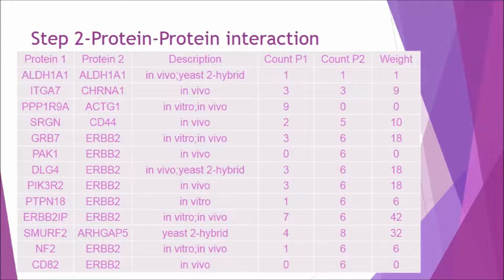And what I did after that is, since in the previous slide, we said that all genes that have 8 mutations or above are statistically significant, I then highlighted all of the proteins here that were 8 or above, and I only took the pairs that had both proteins as statistically significant. So then I called these my statistically significant pairs of proteins. And then I actually conducted a network analysis on this, which I will explain later on.